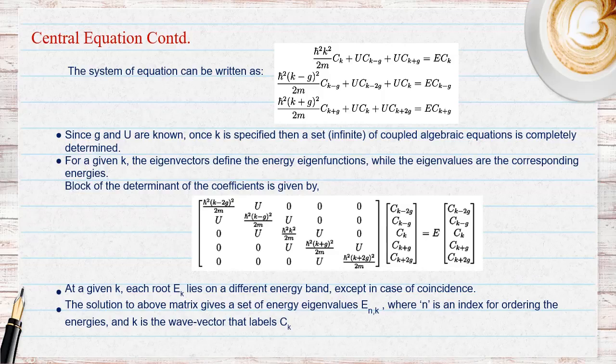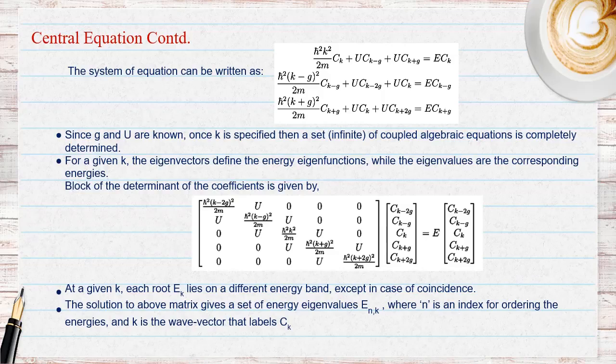The first equation represents the general wave equation we derived, that is ħ²k²/2m Ck plus U C(k-g) plus U C(k+g) is equal to E Ck.